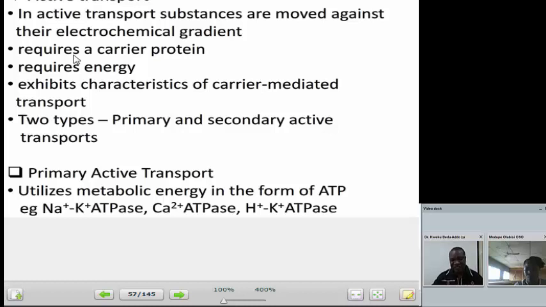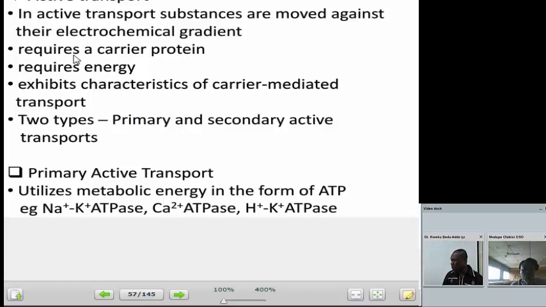In diffusion, substances are moved along a concentration gradient or a chemical gradient. In active transport, substances are moved against a chemical gradient.